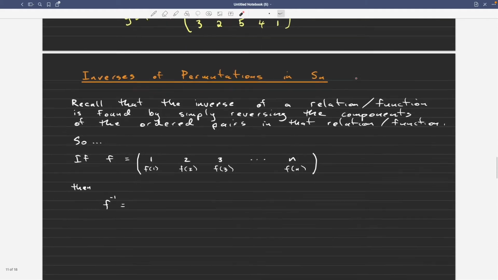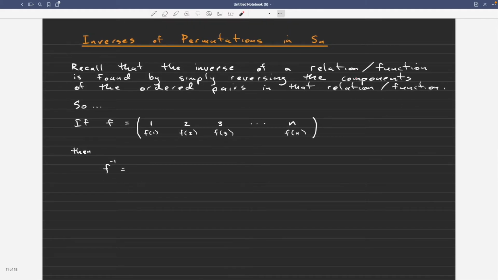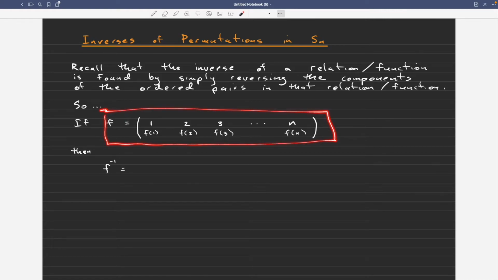Okay, next thing, if we want to talk about inverses of permutations, it's really simple. If I have my permutation written out in this general form, we know that to do an inverse, all it does is reverse the components in the ordered pairs in the function. So that's just going to correspond to swapping the rows in this two-row notation.